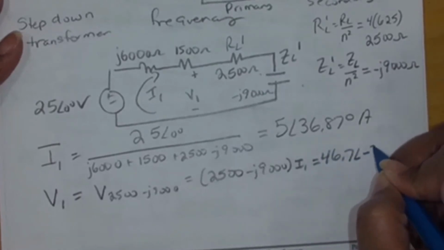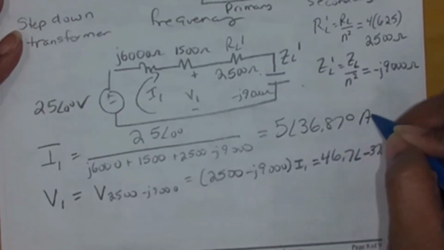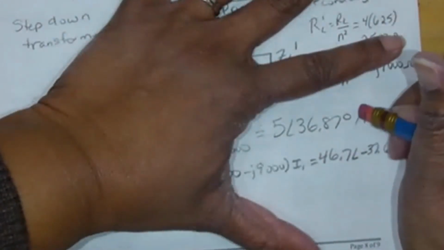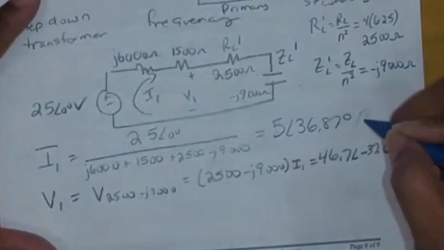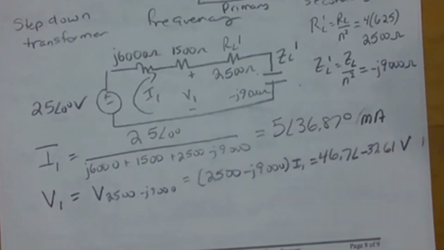Very good. 46.7 with an angle of negative 36.6. We're off by a multiple somewhere. 46,700. Yeah, this is milliamps. Sorry about that. This should have been milliamps because this ends up being volts. So it's 5 with an angle of 36.87 degrees. That's milliamps. So V1 is 46.7 with an angle of negative 37.6 degrees.